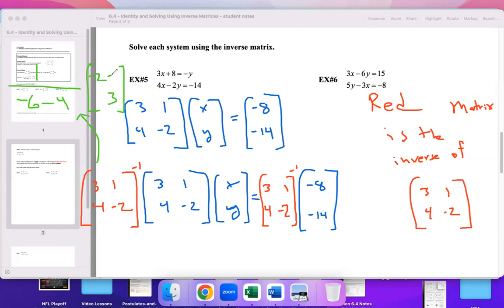And I change the signs of these here. What does that become? -1/10 times -2, -1, -4, and 3. And what does that equal? 1/5, 1/10, 2/5, and negative 3/10.